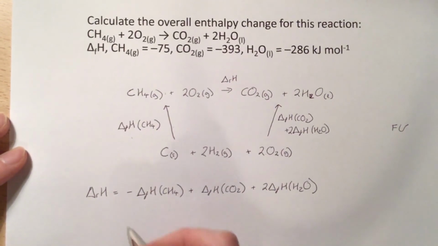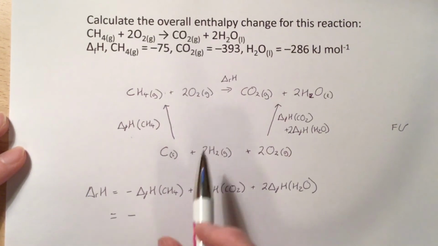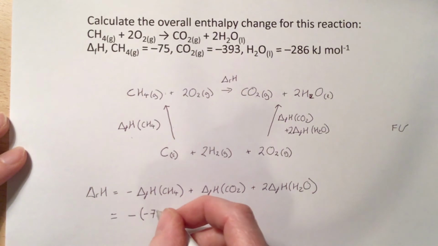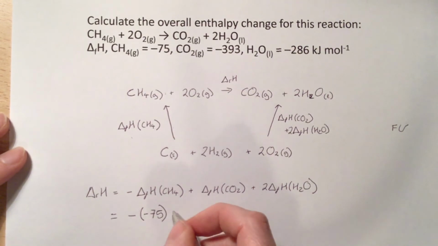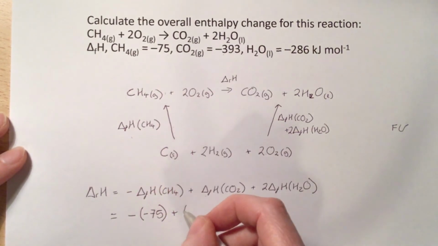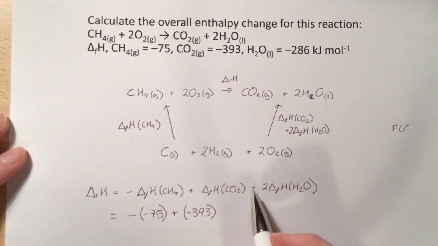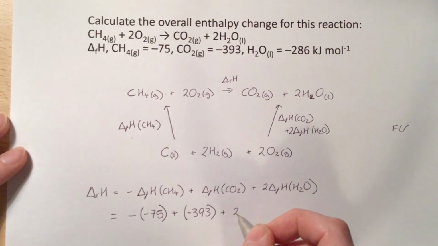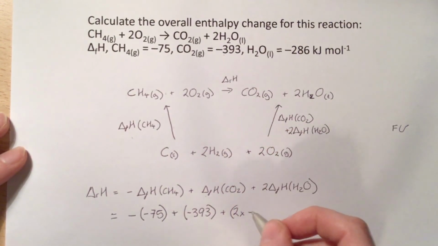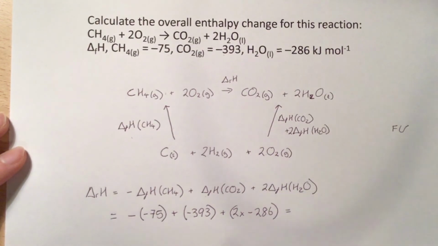And then we can just put our numbers in. So minus the enthalpy change of formation of methane, so minus minus 75, then plus the enthalpy change of formation of carbon dioxide, which is minus 393, and then plus 2 times the enthalpy change of formation of water, so 2 times minus 286, and then we just need to work that out.